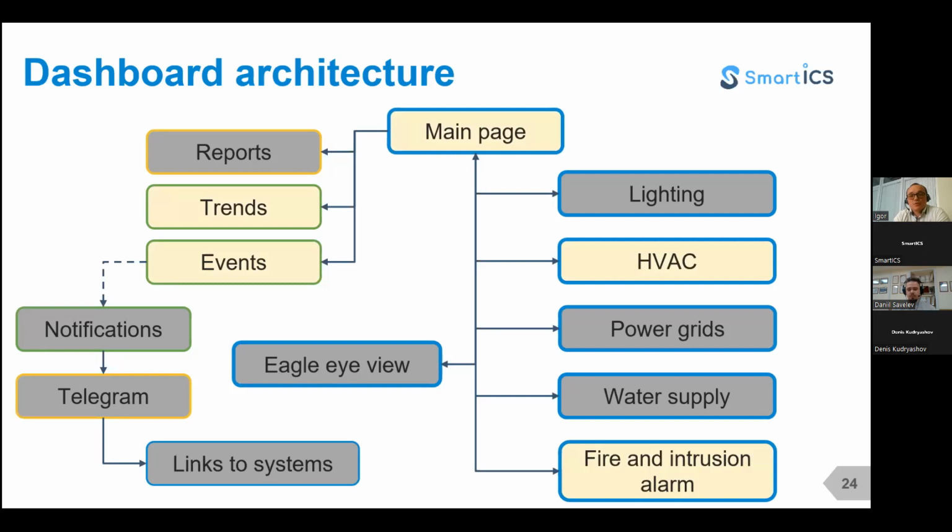We will try to focus on the heating, ventilation, and air conditioner. We'll try to create it quickly and easily for you to see. And of course, we'll try to focus a little bit on the fire and intrusion alarm dashboard, right? At the same time, we will see the trends, we will see the events, right? And then of course, if we have time, we'll move to the reports.